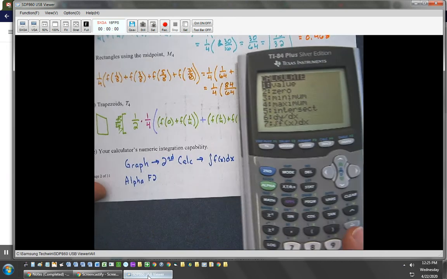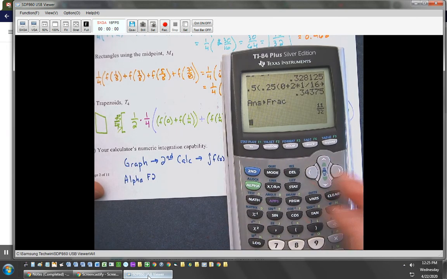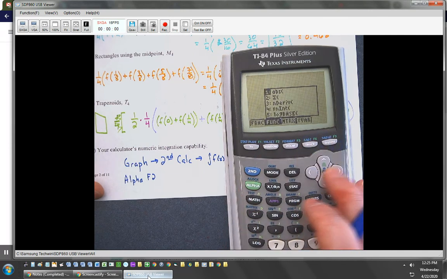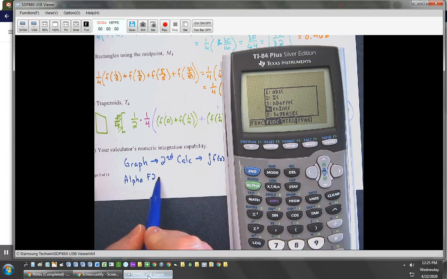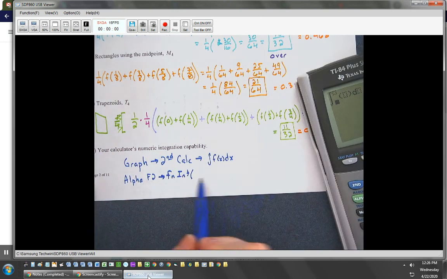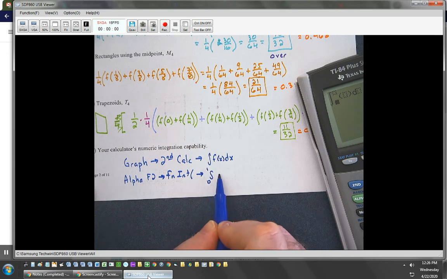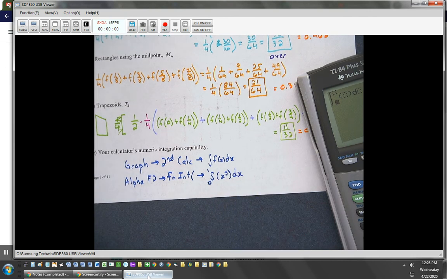So that's when I went alpha. I can get back here, clear, clear, clear. Alpha F2, and I went down and selected function integrate. And then you would put in your boundaries. You would put in 0 to 1 of your equation dx. Both of them are going to give you the same place.